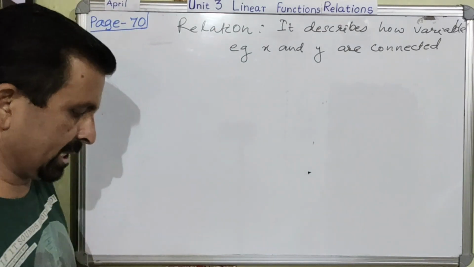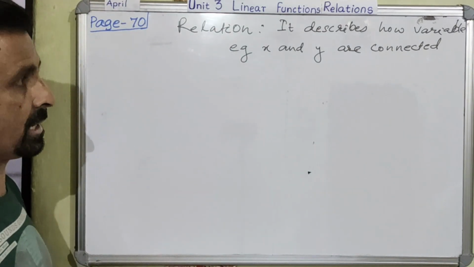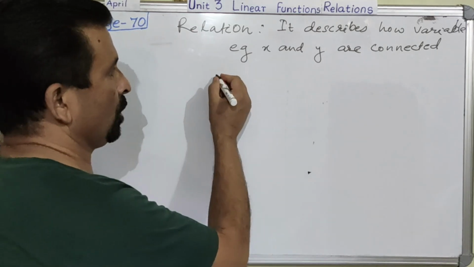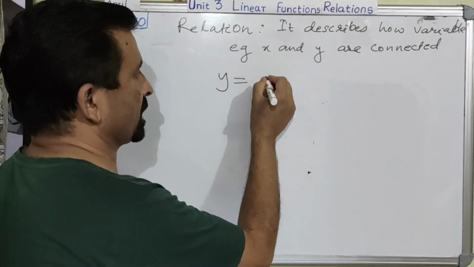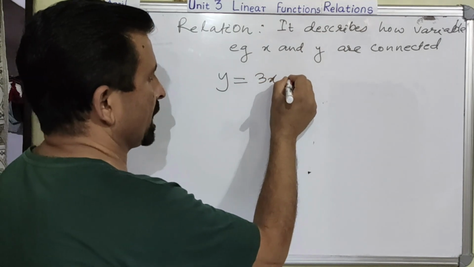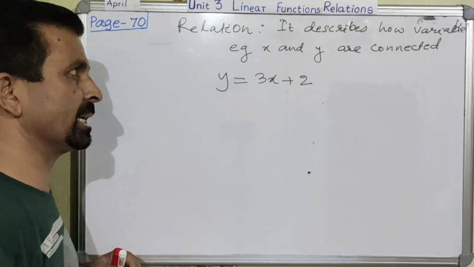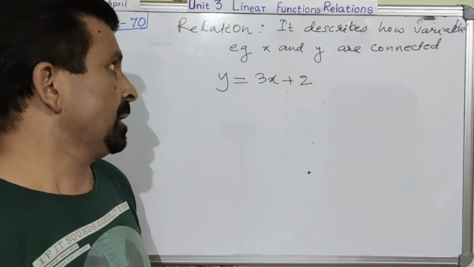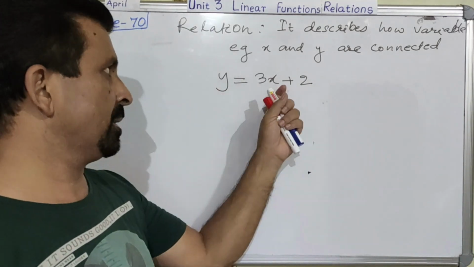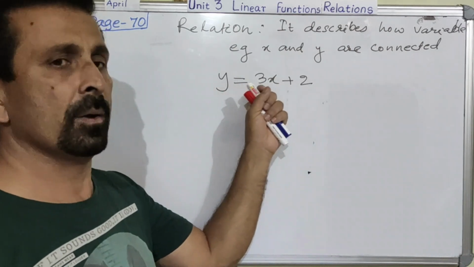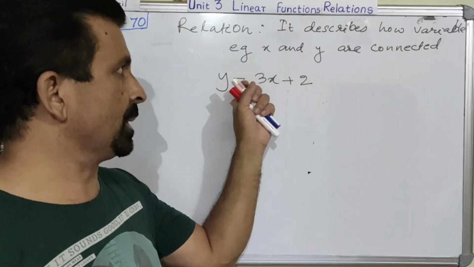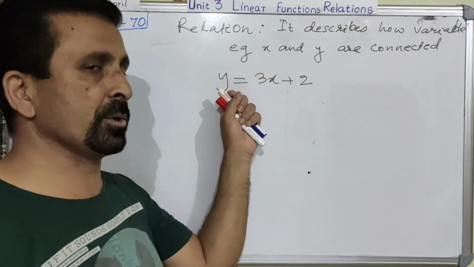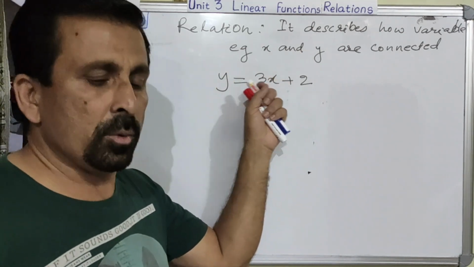Let me show you this relation mathematically in terms of equation and inequation. One is y is equal to 3x plus 2. This is a linear equation. From here you can study the relation between x and y, how x is connected to y, how x is linked to y.